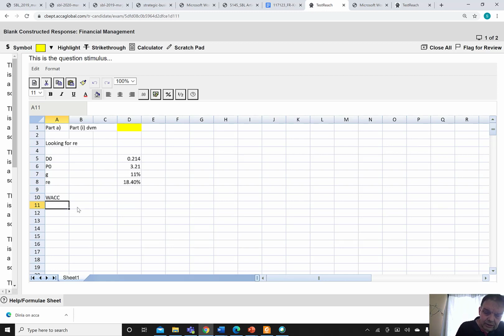So within it, I need to know what the value of the equity is, and we're told that it's 321 times 10 million. So it's 10 million shares, $3.21 per share. So it's $3.21 million.